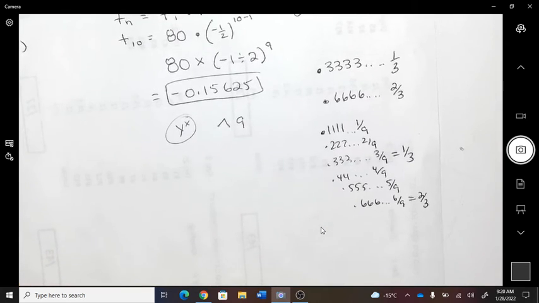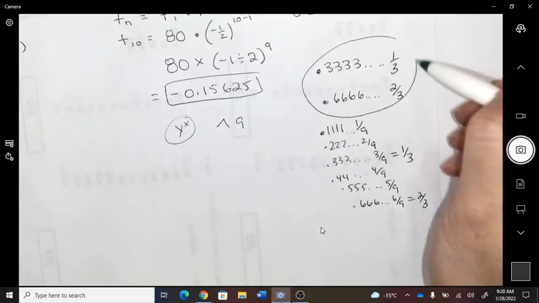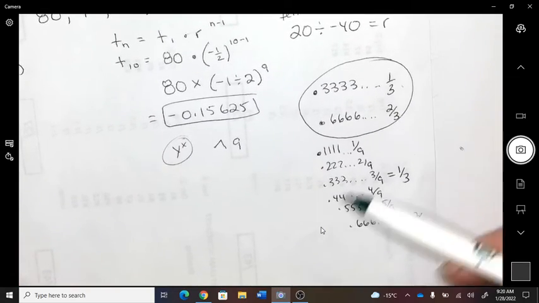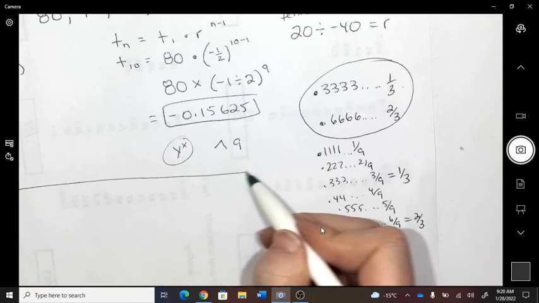Okay? So these decimals, I highly recommend you recognize them as those fractions because otherwise it's going to throw off your answers.